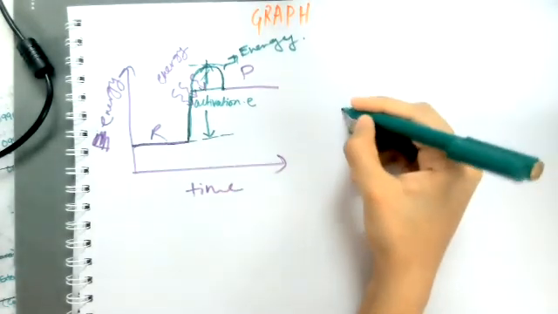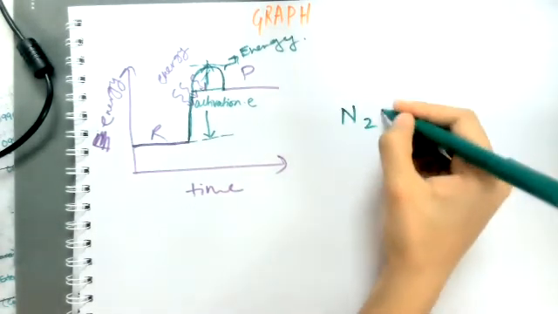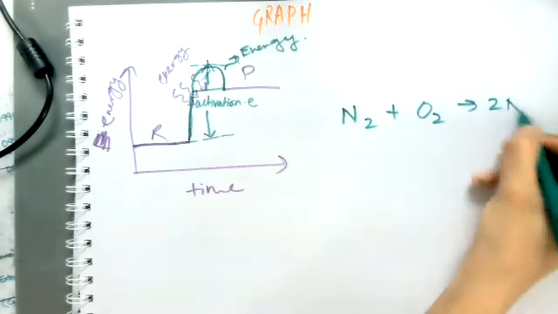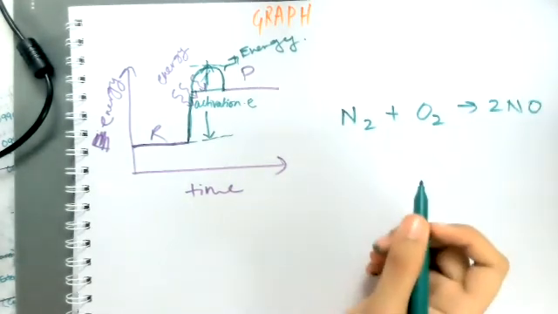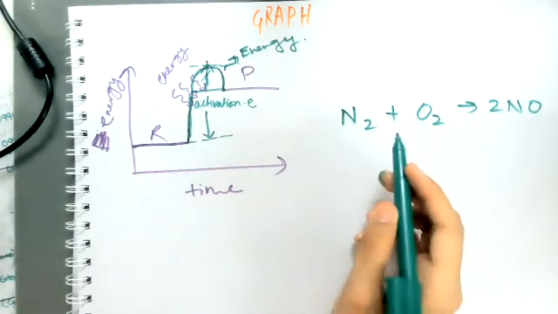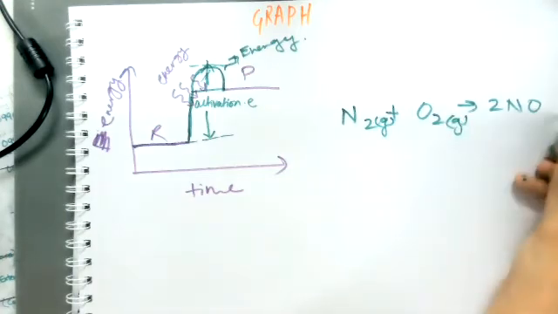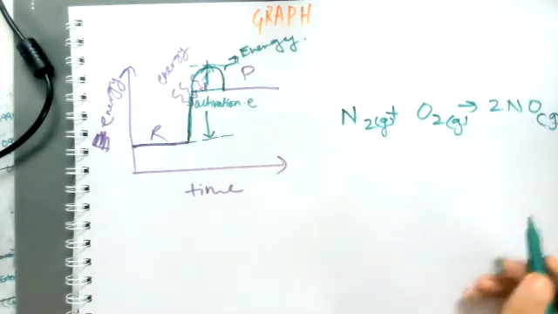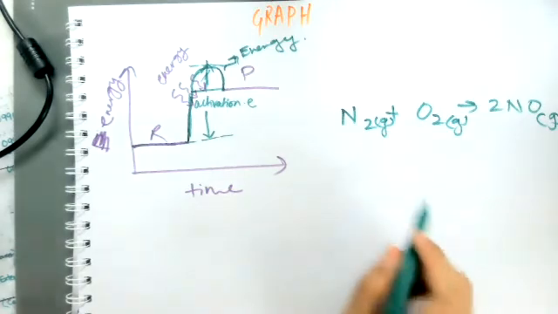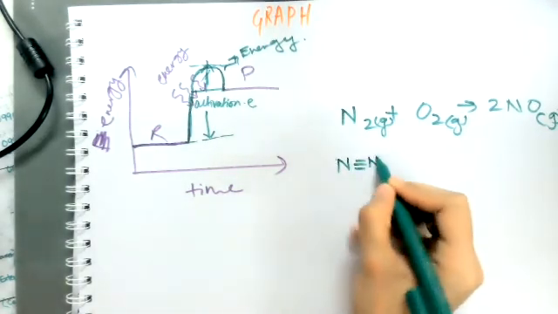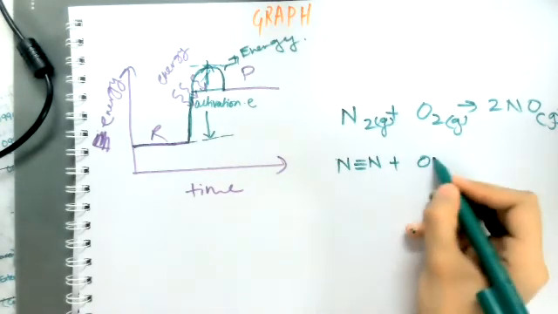So let me just write the chemical formula. Okay. So don't forget writing the state symbols. If I draw them out, this is how it's going to be.